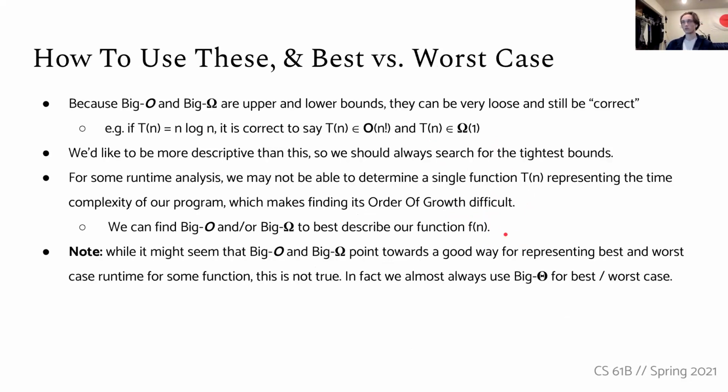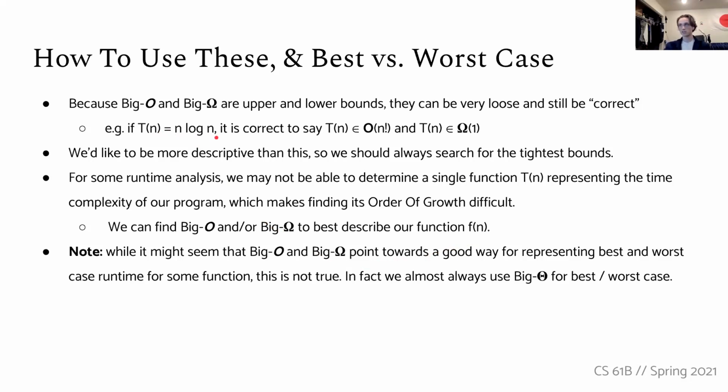Okay, so how do we use these, and how do we use these with best and worst case scenarios? So our big O and big omega, like we just said, is going to be for our upper and lower bounds. However, they can be very loose and still technically be correct. So how do you see this? We'll say we have some time complexity function that represents our program, and it is equal to n log n.